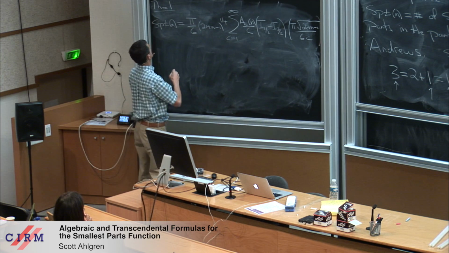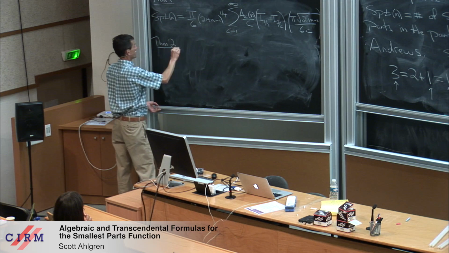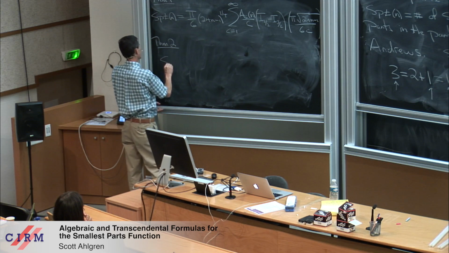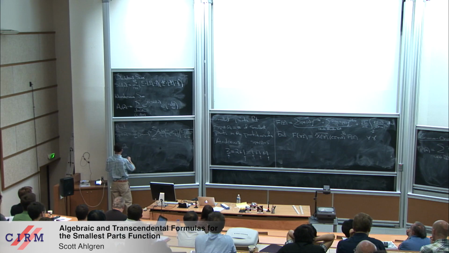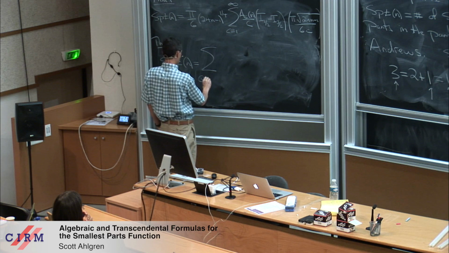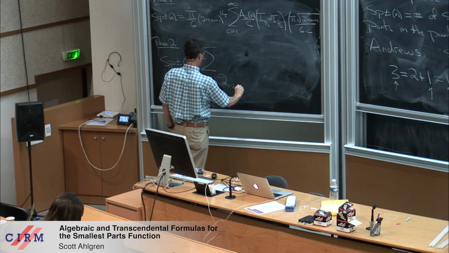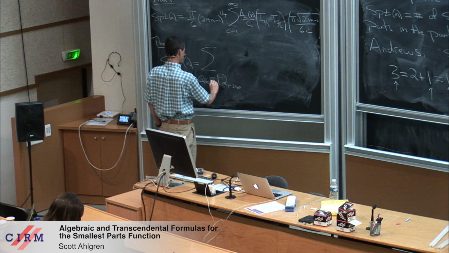And maybe I'll try to sneak in theorem 2 here as well. So there's the transcendental formula, and the algebraic formula resembles this formula over here. So SPT of n is a sum over the same quadratic forms, 1 minus 24n mod Gamma_0(6).